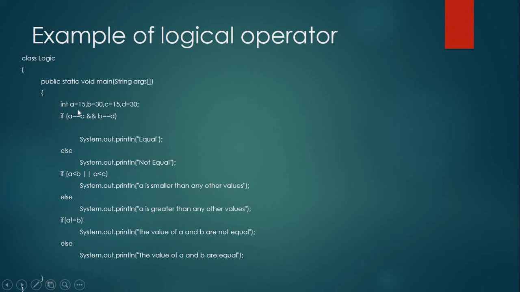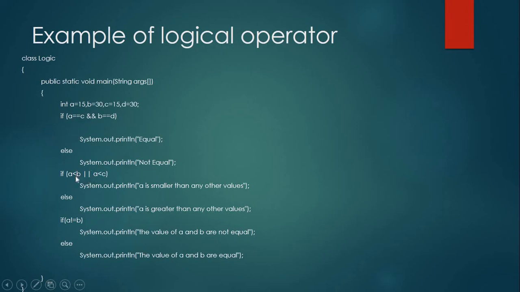For example, a is equal to c means a is equal to 15 and c is equal to 15, condition true. b is equal to d means 30, condition true. If both conditions are true, then the whole condition will be true. This is the meaning of the double AND operator.